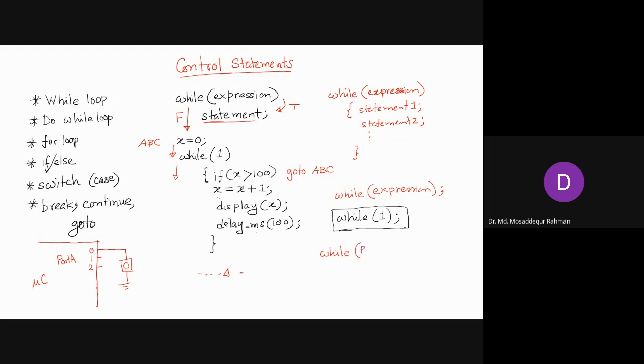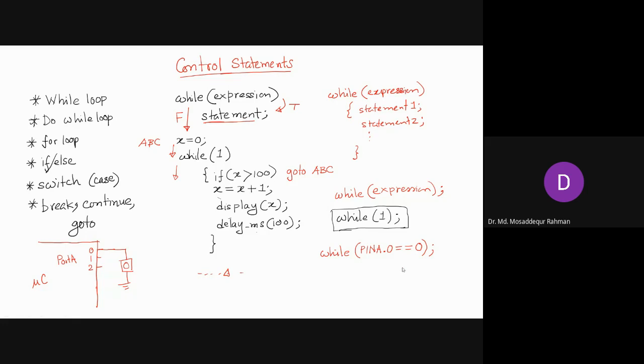You can write it like this: we're reading from pin 0 of port A, which is written as PINA.0. So we check the condition: if that is 0, just wait. That is how we can write this.